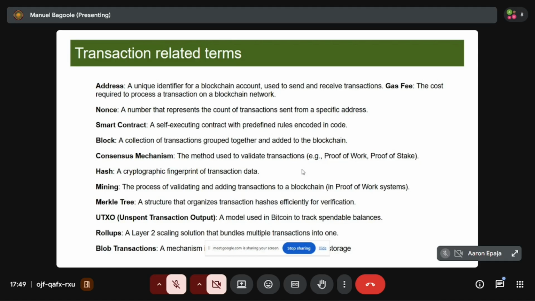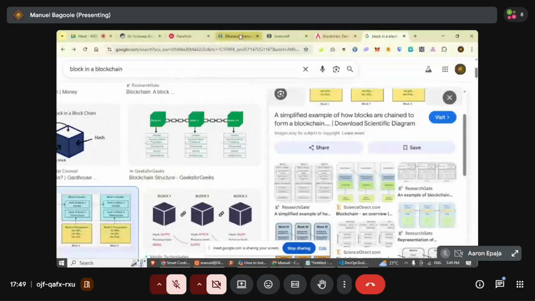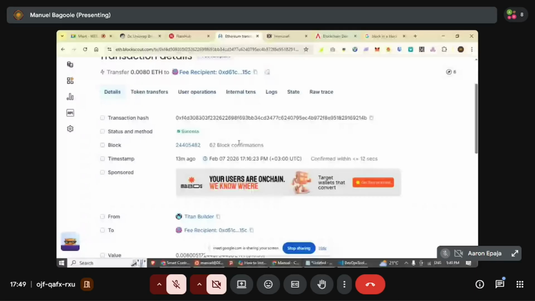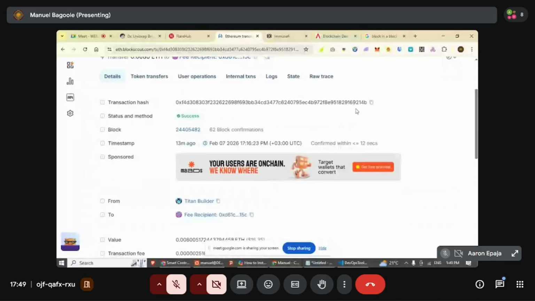And a hash is a cryptographic fingerprint of a transaction. As we've seen, every transaction has a transaction hash. Why cryptographic? Because it goes through a hashing algorithm that encrypts all this information.